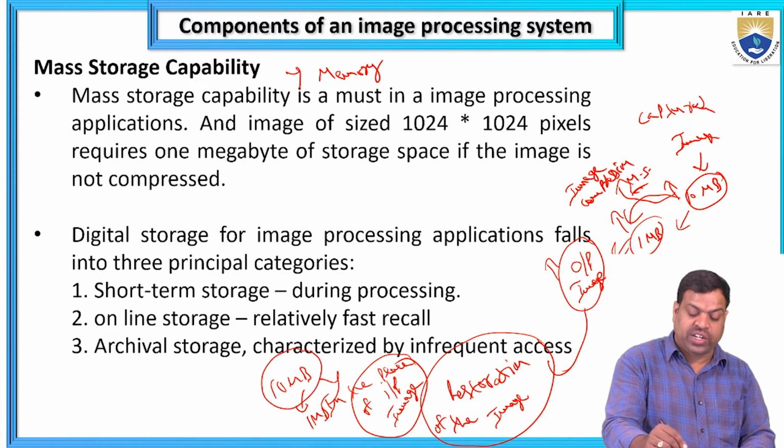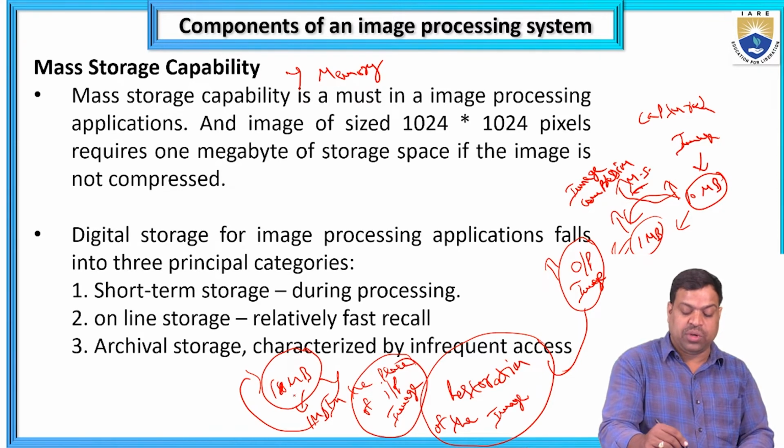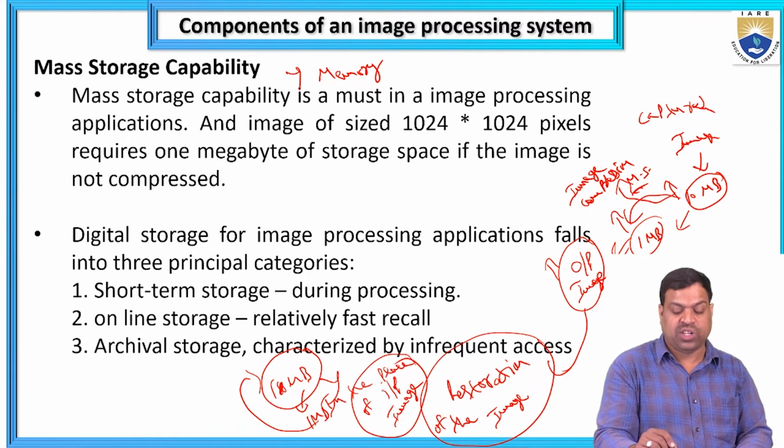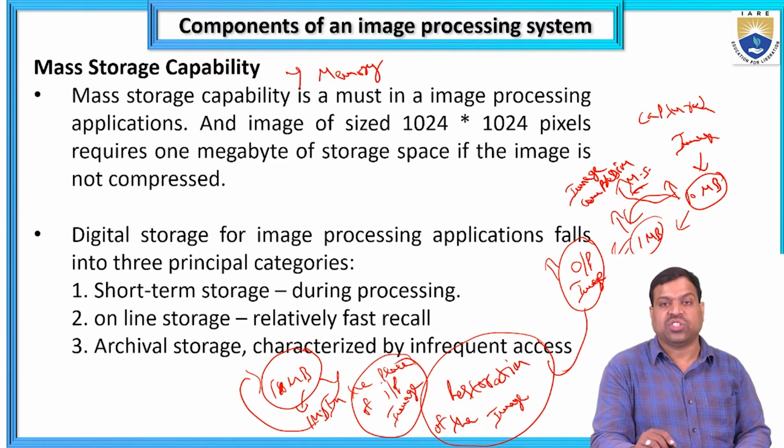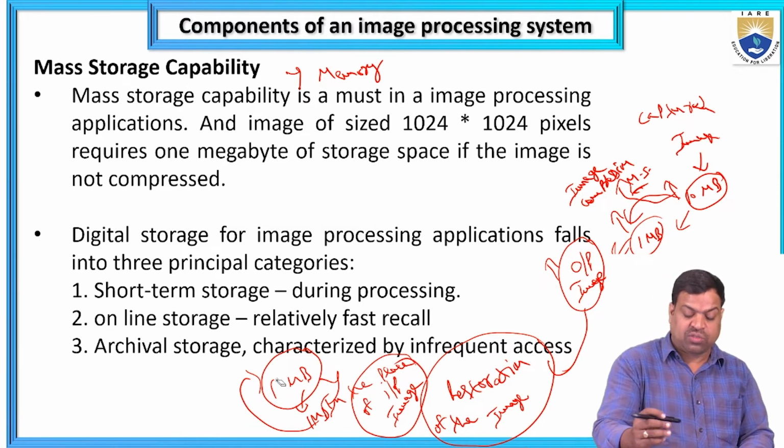This is the restoration of the image. So 10 MB is changed to 1 MB, and 1 MB is the final output. That is image restoration.